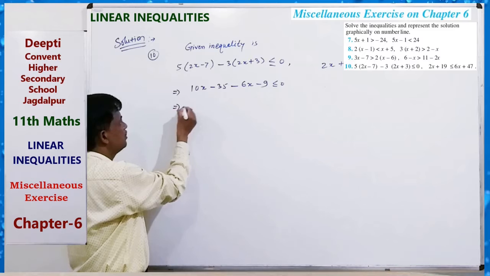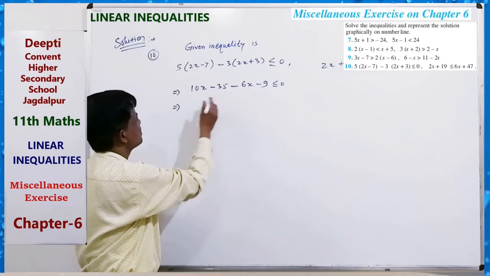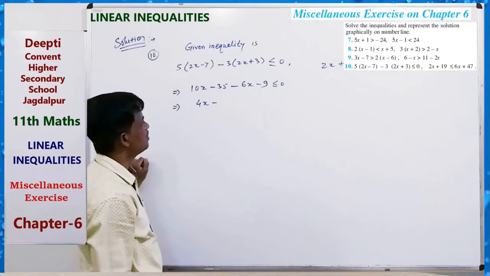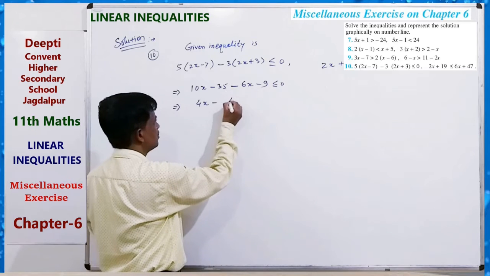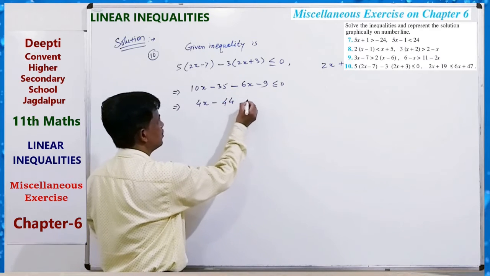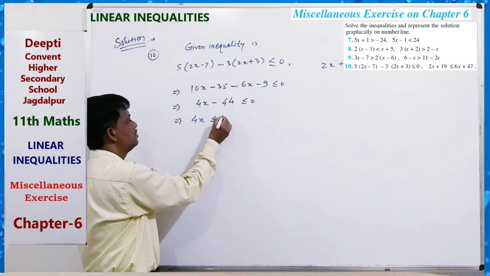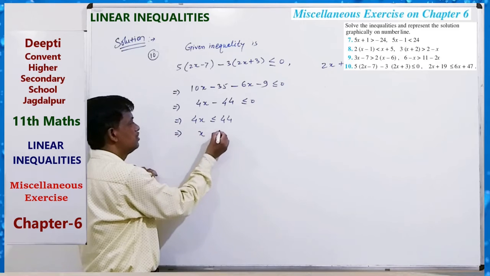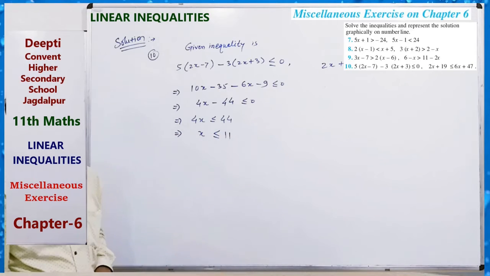So you can solve it. 10x minus 6x is 4x, minus 35 minus 9 means minus 44, less than or equal to 0. So we can solve it: adding 44 on both sides, divide by 4, is less than or equal to 11. So x is less than or equal to 11.